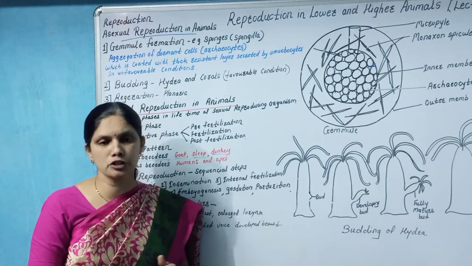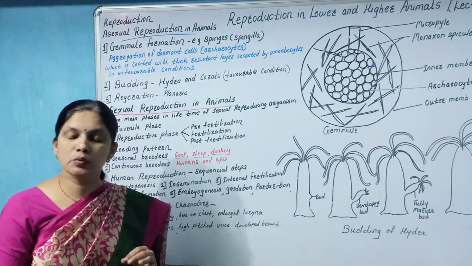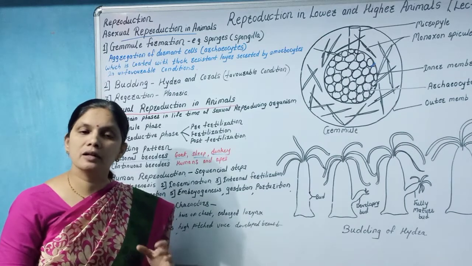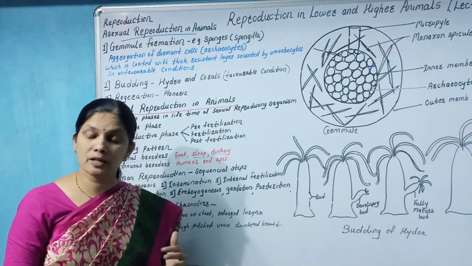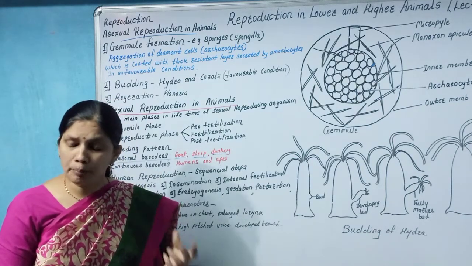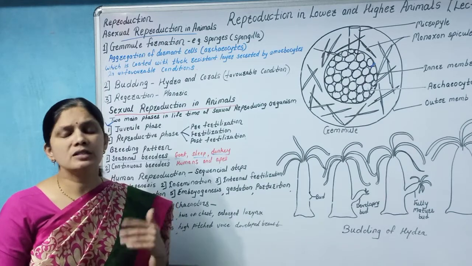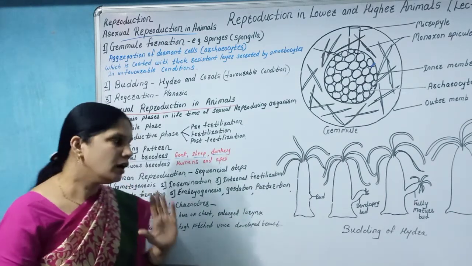Then the reproductive system is well developed and gametes are formed. When there is a union of male and female gametes, that is after fertilization, new offspring can develop.